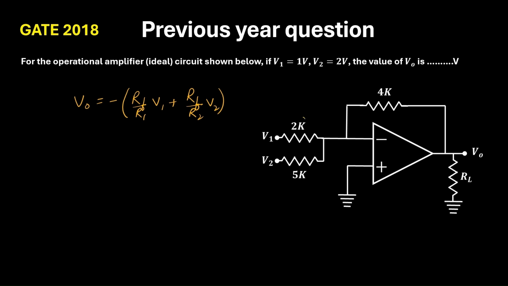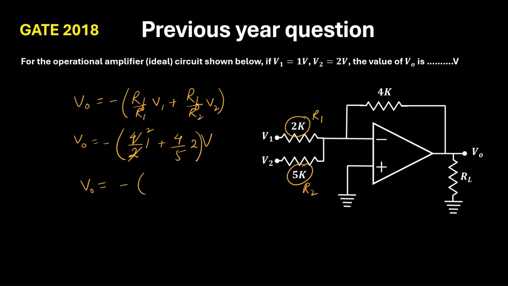Now, this is R1 and this is R2. So if we substitute here, RF is 4, R1 is 2 into 1 volt plus 4, R2 is 5 into 2 volt. So this cancels out 2, and V0 will be equal to minus 2 plus 1.6. So you get V0 is equal to minus 3.6. This is the answer.